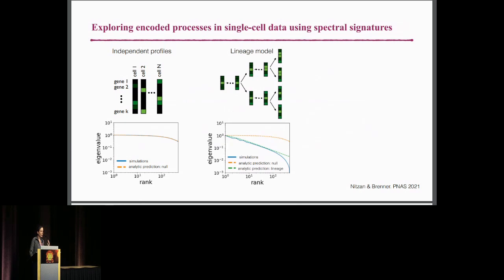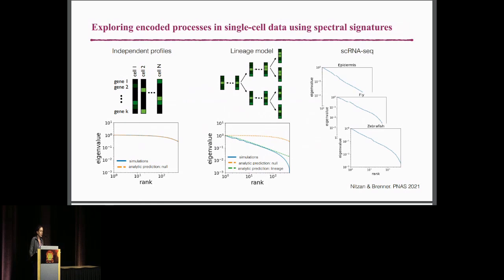So, for example, if we have a basic hierarchical model of gene expression, where different cells generate a hierarchy of states, then we get a very different signature than what we would get for our non-correlated null model, and specifically a power law of large eigenvalues.